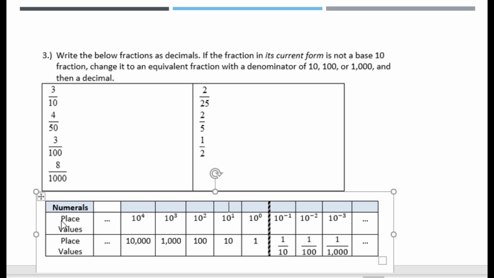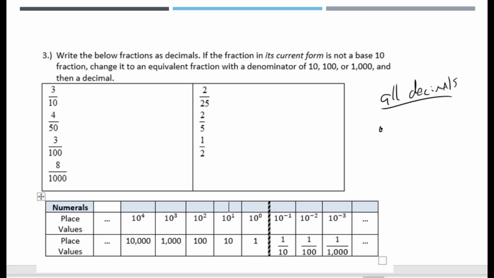Putting our place value system down here to give us some reference. Notice that all decimals have denominators if they're converted into fractions.